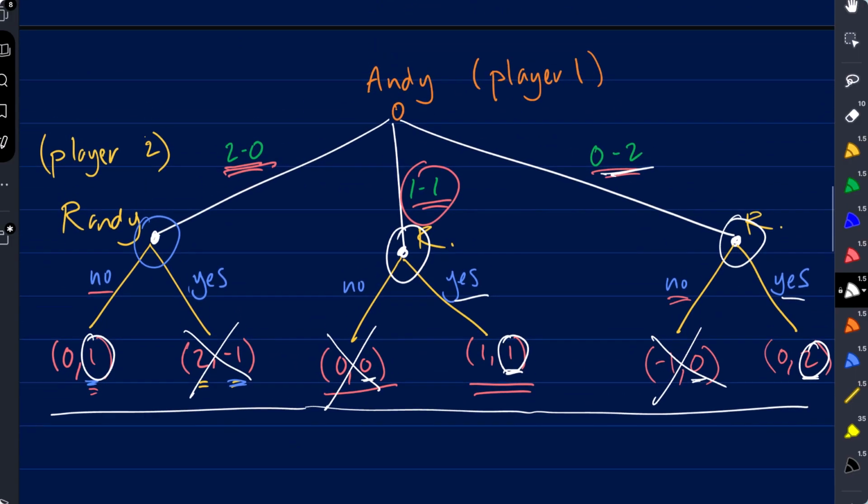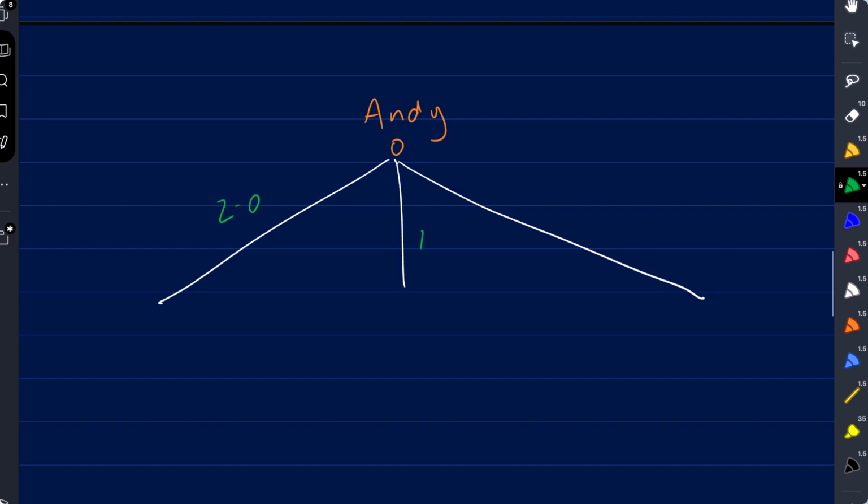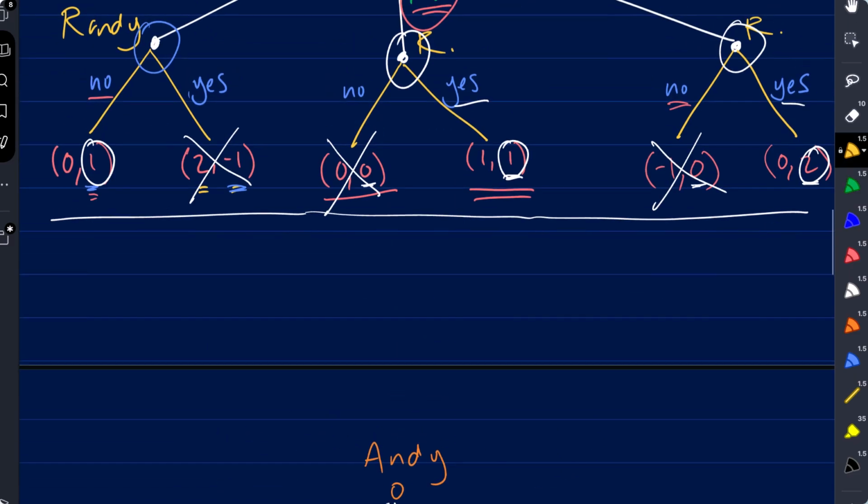All right, so Andy knows all of this. He can figure this out himself. So for Andy, the game is basically going to reduce to this.